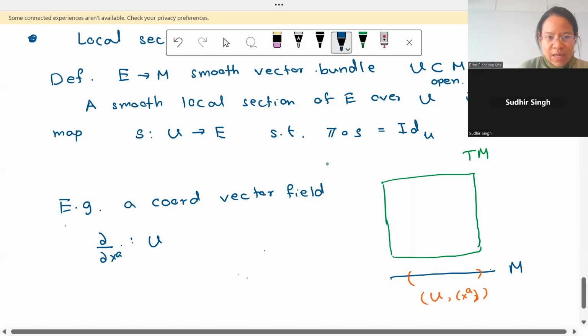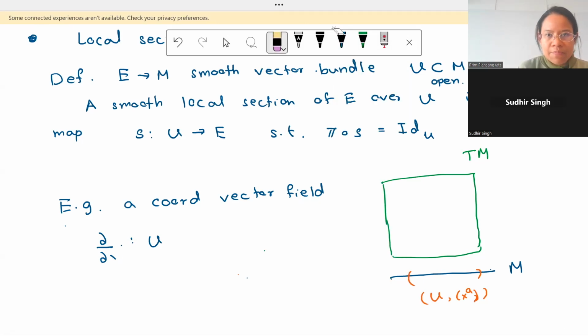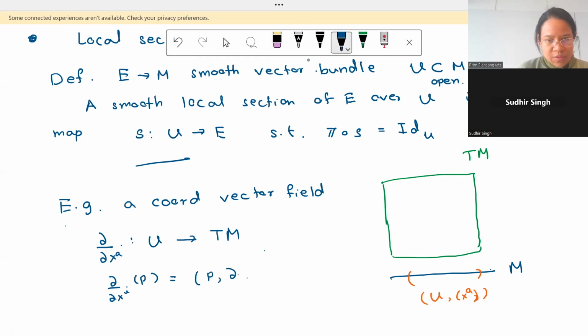So it is a map from U to the tangent bundle, such that it maps a point P to the coordinate vector.